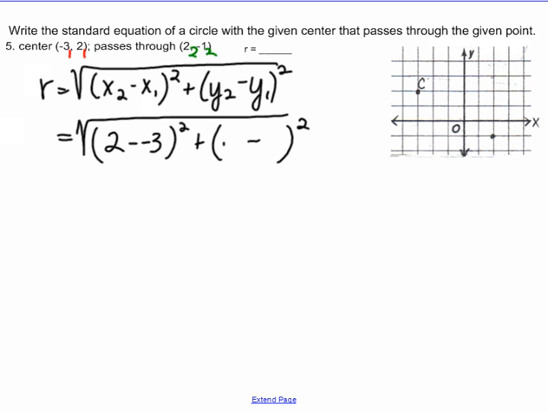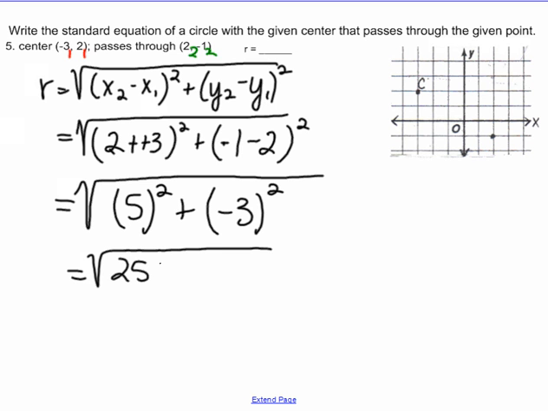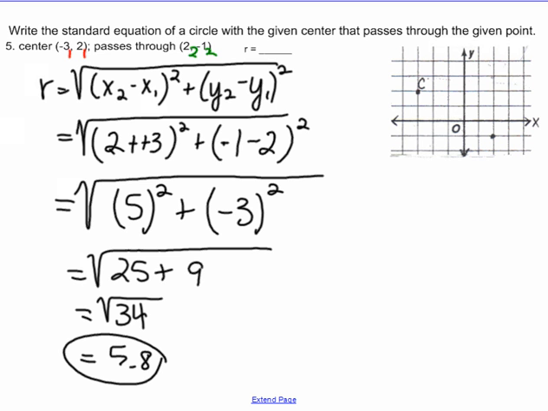My y2 is -1, and my y1 is 2. This works out to be 2 plus 3, so we have 5 squared. This works out to be -3 squared. 25 plus 9 equals the square root of 34. When I do that on my calculator, I end up with 5.8. So the radius is 5.8.